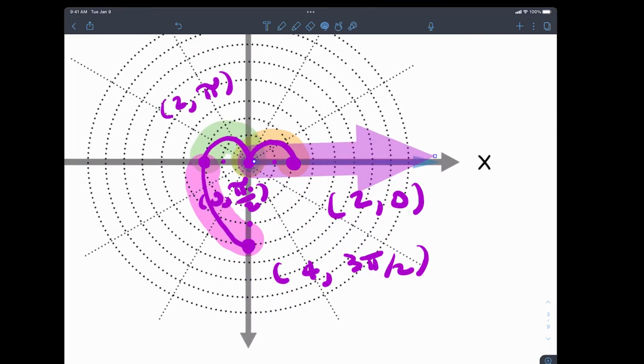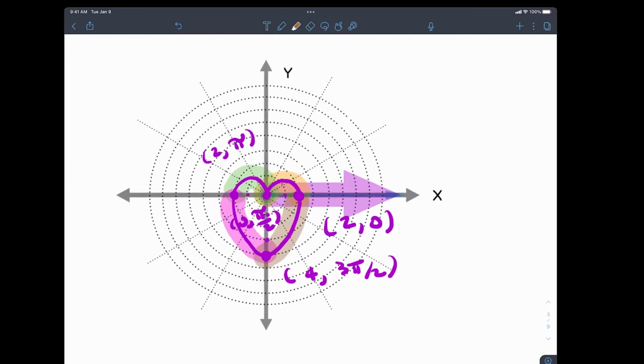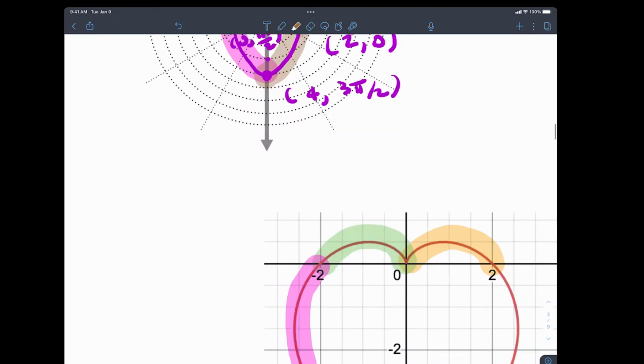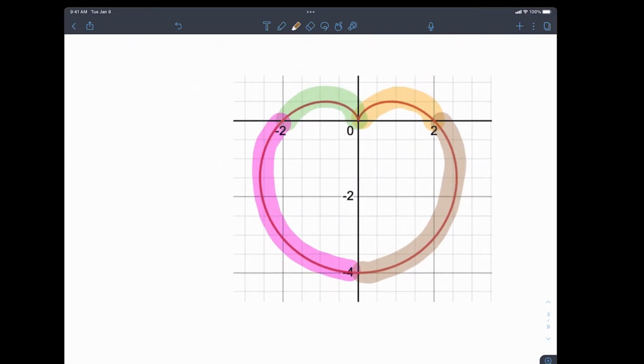To 360, we go from the 4 radius over here back to what? 2. And that completes the what? The heart, the cardioid. The more beautiful version of it. There it is, ladies and gentlemen.